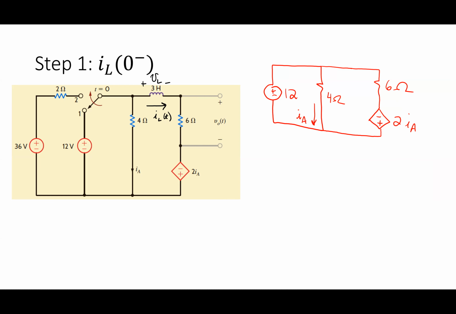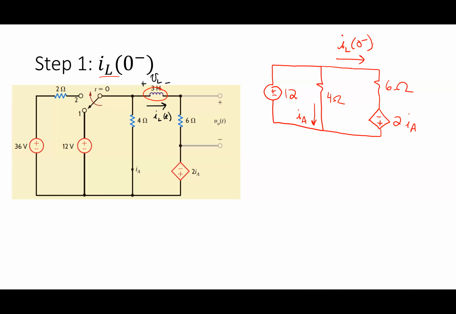Well, I'm going to need to know what IA is, but the thing I'm trying to solve for is IL of 0 minus, right? So where is that current in this circuit? Yeah, the inductor is here, right? So basically this guy is here. So whatever the current is in this condition, that's IL of 0 minus.